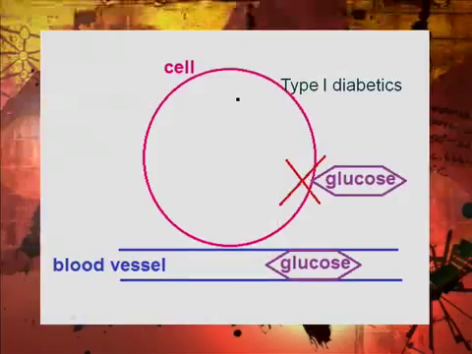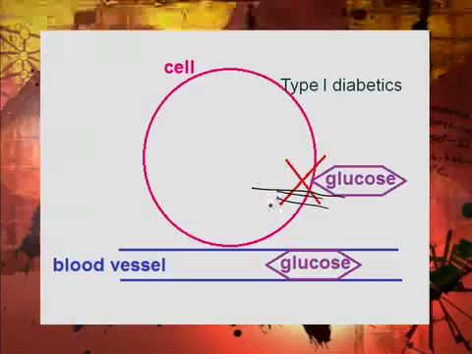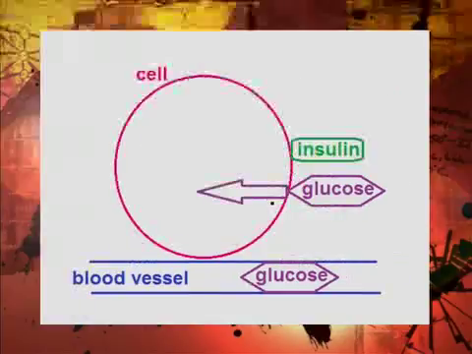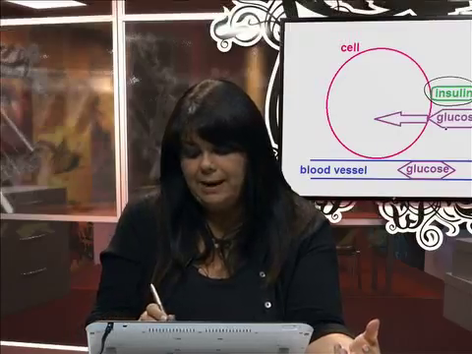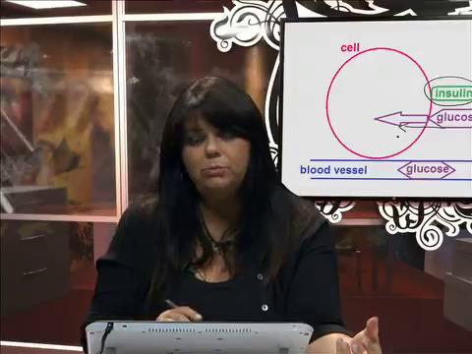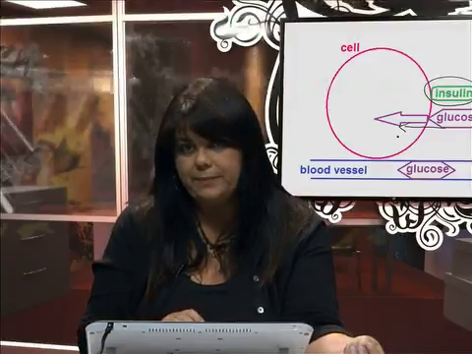Now, the problem with type 1 diabetes is the glucose can't get across the cell membrane. And the reason for this is in normal people who do not have diabetes, insulin acts as a key to allow this glucose to move across the cell membrane.